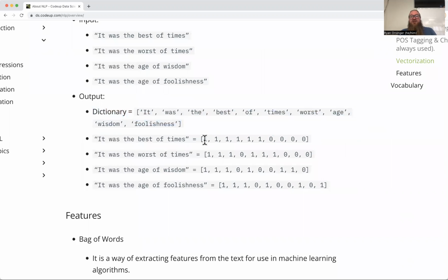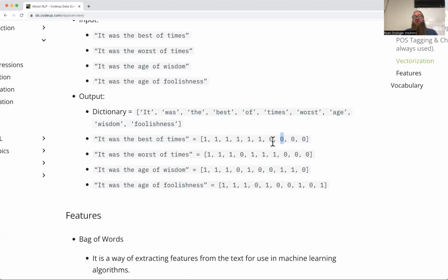And then we see here we have an encoding. It was the best of times. So it just so happens that the first sentence, all of its unique words populated the first couple of indices of that dictionary, but the word foolishness was not there. The word wisdom was not on the first line.